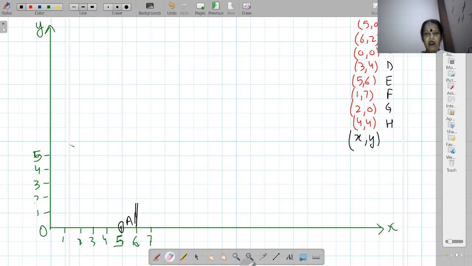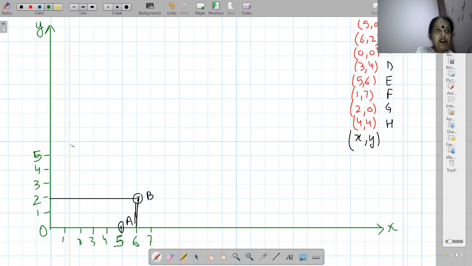So how will you take the Y value? From here you will go up to Y as 2. So this will be 6 and 2. Encircle it. This is your B. Okay.